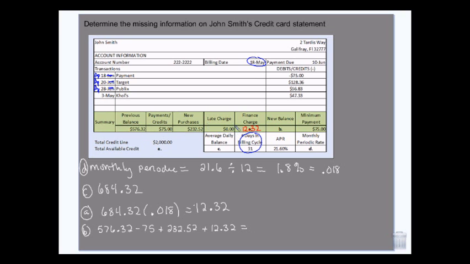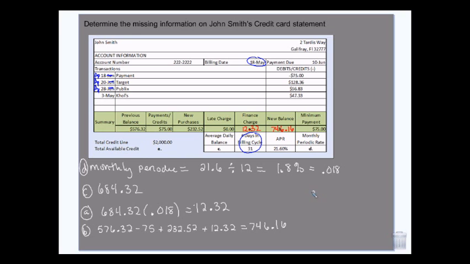If there were a late charge, you'd plus that too. So 576.32 minus 75 plus 232.52 plus 12.32. So that's our new balance.